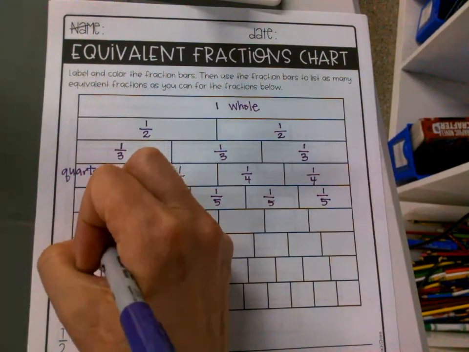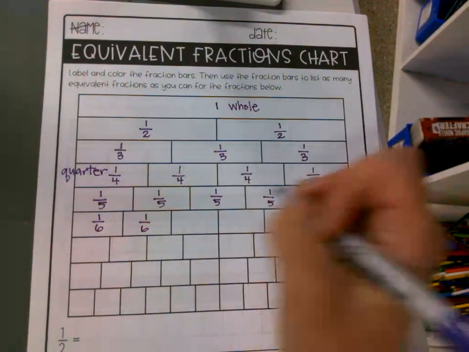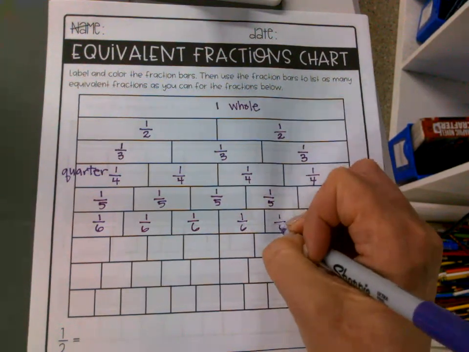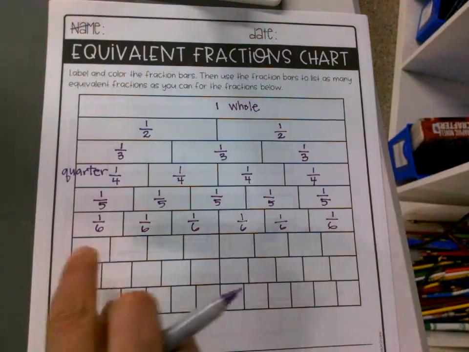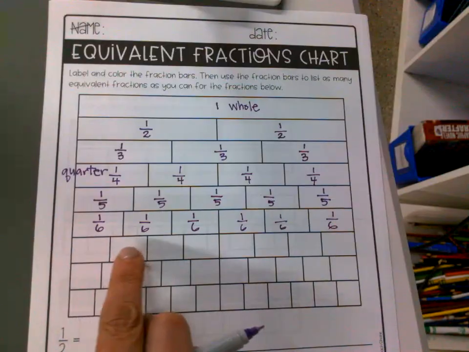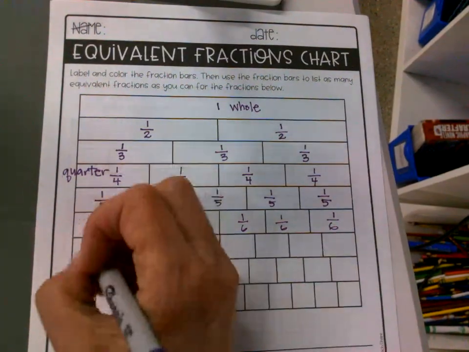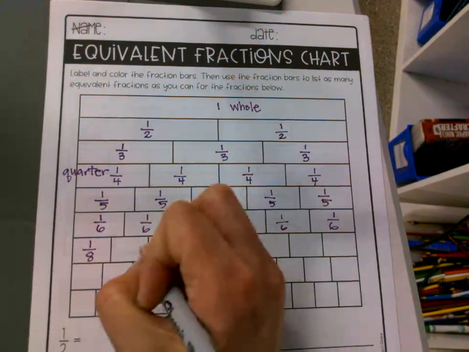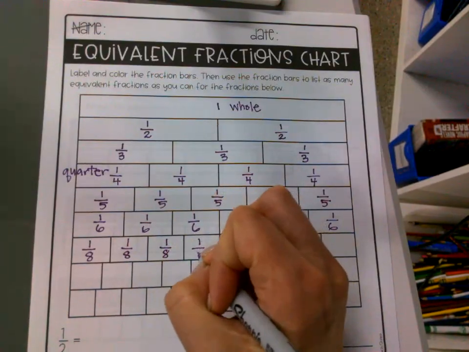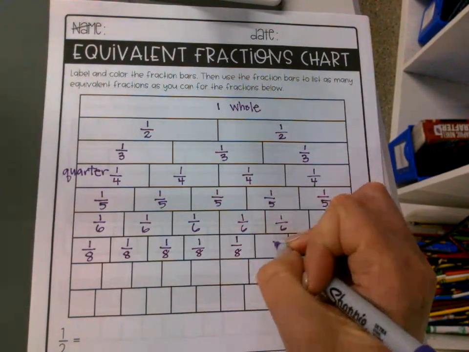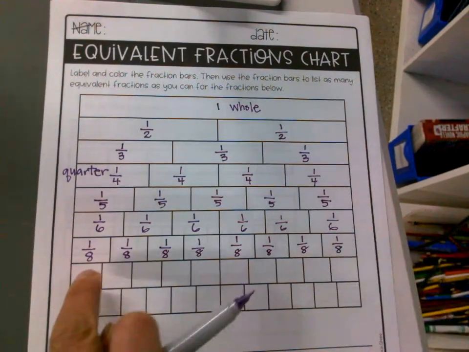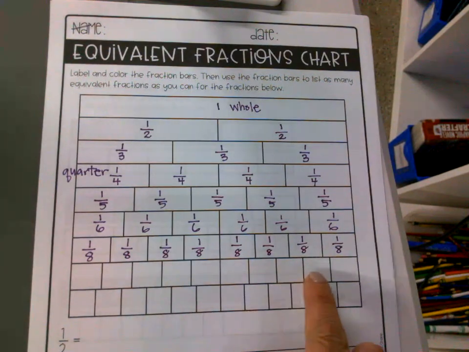And then we have our sixths. And then it jumps up. I thought it was going to. That's why I counted. 1, 2, 3, 4, 5, 6, 7, 8. So now this one is divided into eighths. 1, 2, 3, 4, 5, 6, 7, 8, 9, 10.